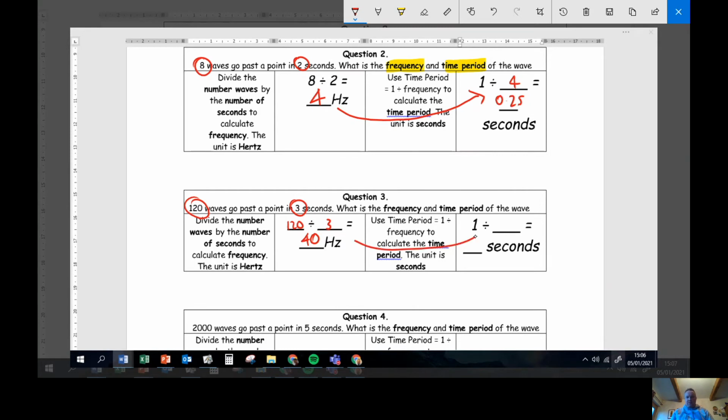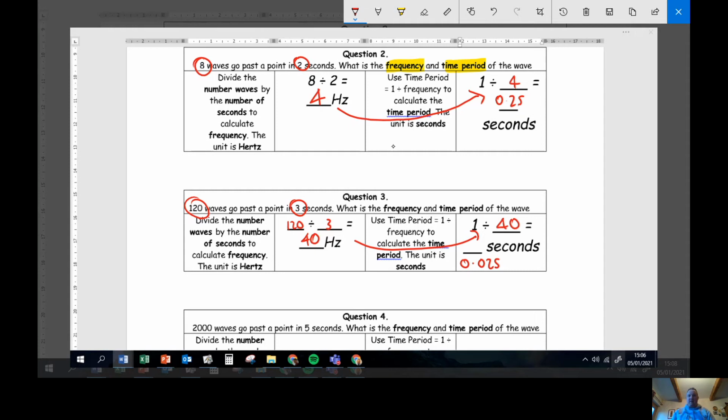So I take my frequency across here. 1 divided by 40. I'm going to cheat and use my phone in front of me here. 1 divided by 40 is 0.025, and it's got seconds written in there for me.